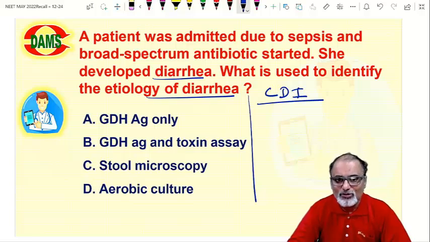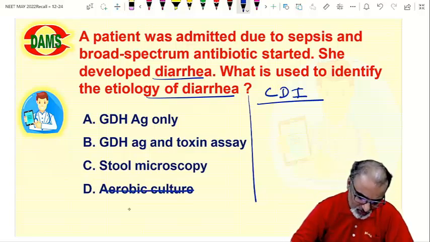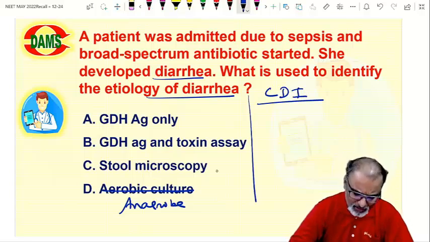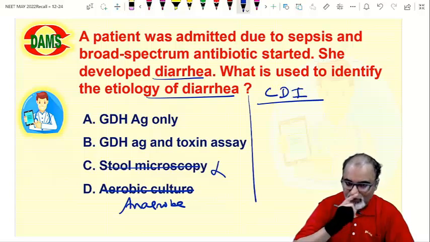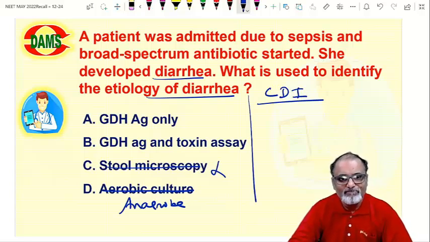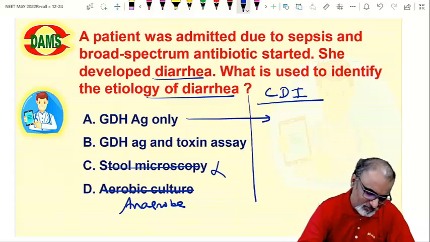And what is the diagnostic? We can't go for aerobic culture because this organism is an anaerobe. Stool microscopy may not be useful because it contains a lot of gram-positive organisms. Glutamate dehydrogenase is a good one.